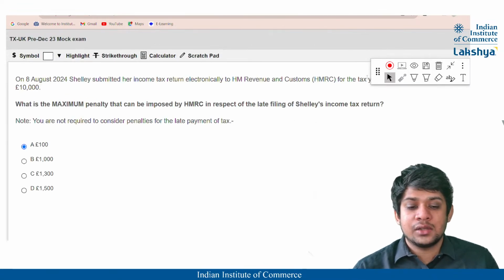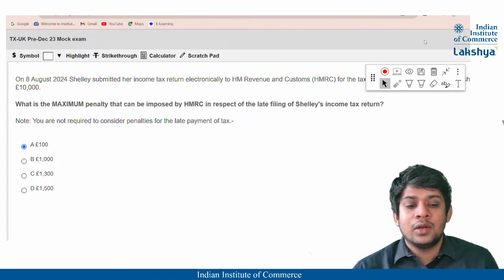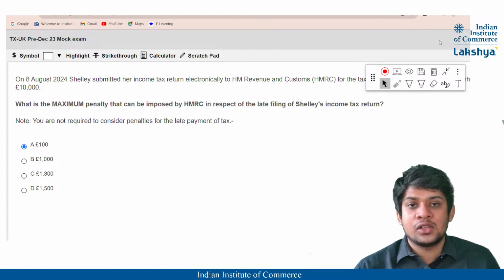I guess this was it, guys, which was informative enough for you, I hope. Now let's get started with the paper. So this is your first question, guys. In the examination, you will have here a time limit. That is how much time is remaining. As soon as you click on begin, your time period will start. So it will count down from 3 hours.